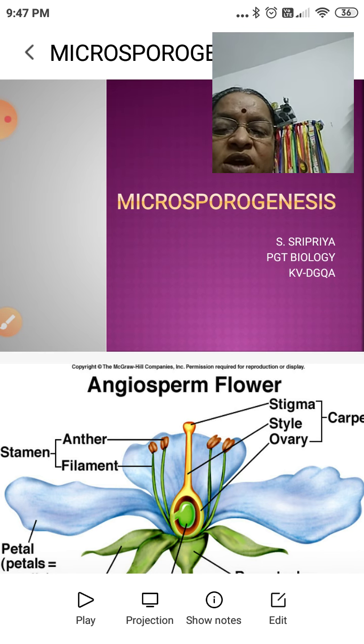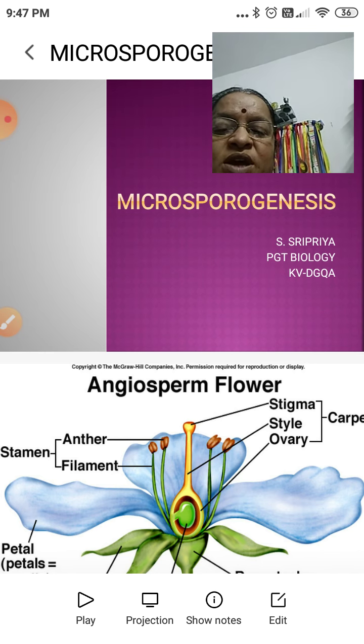And then the inner membrane, that's the intine. We have a generative cell. There is one generative cell here which goes on to form the male gametes, and then here we have the tube nucleus of the vegetative cell.